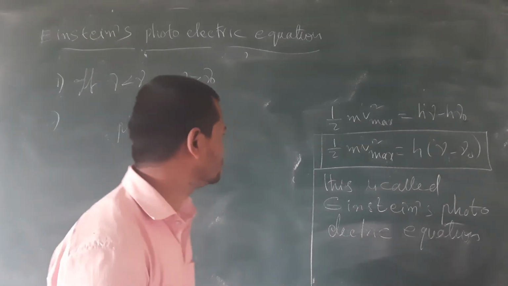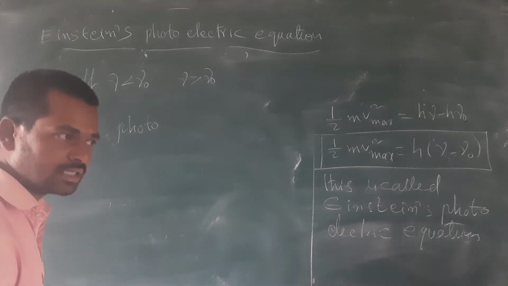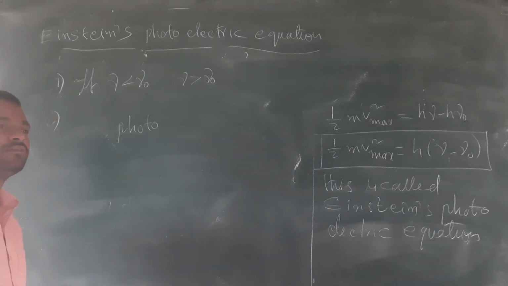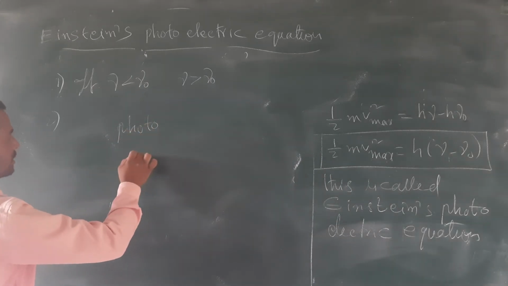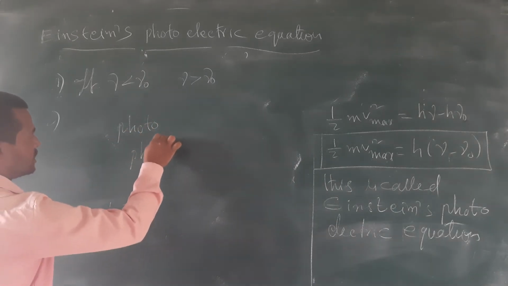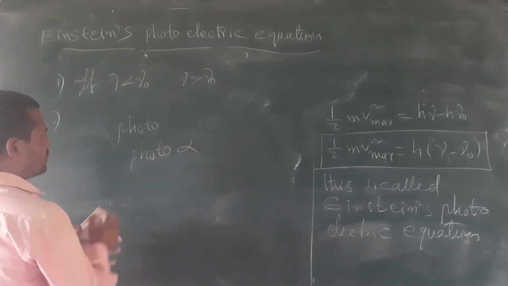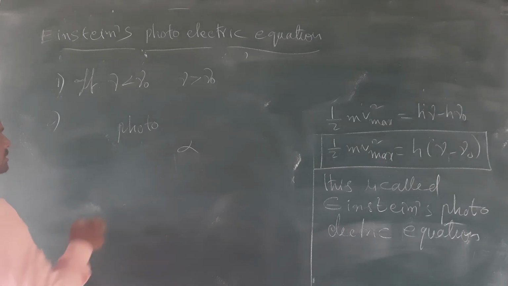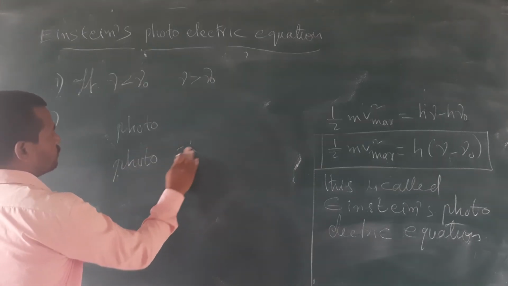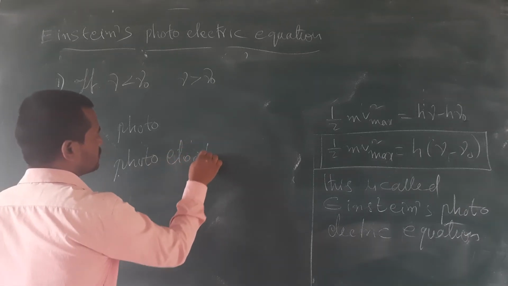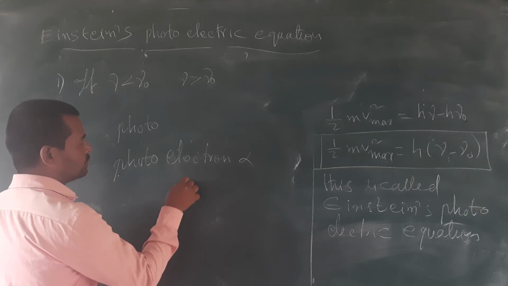The photoelectrons are directly proportional to the photons.